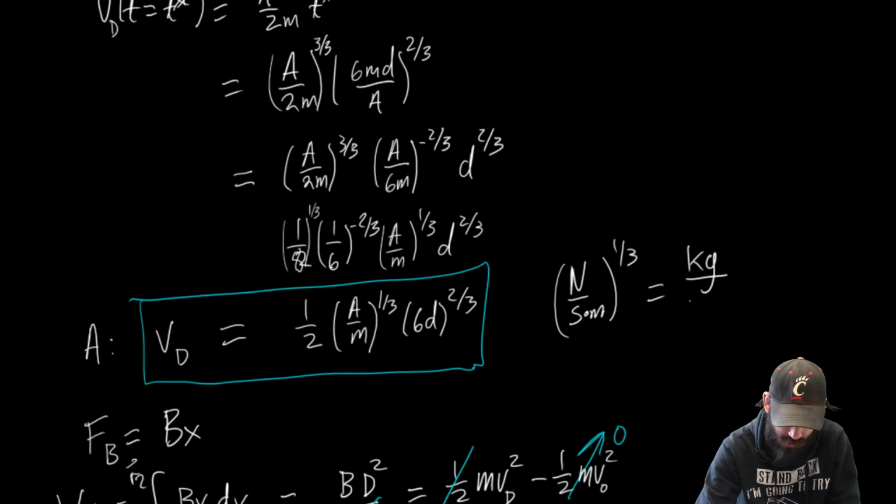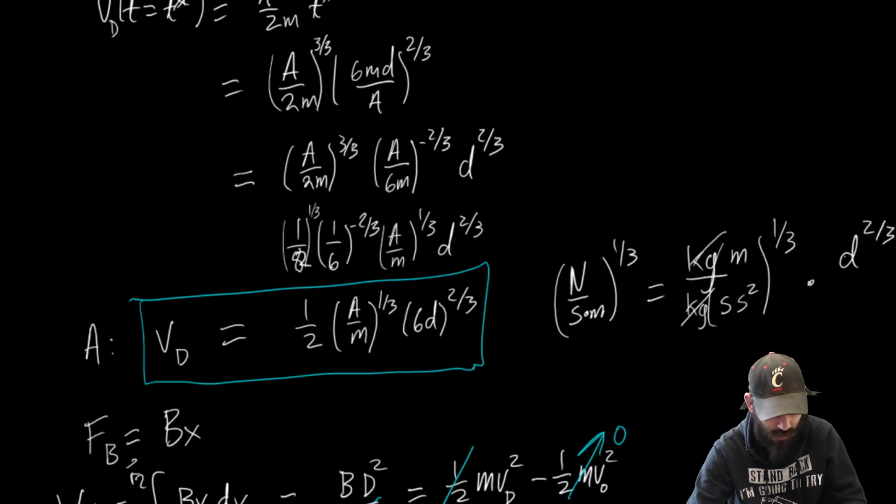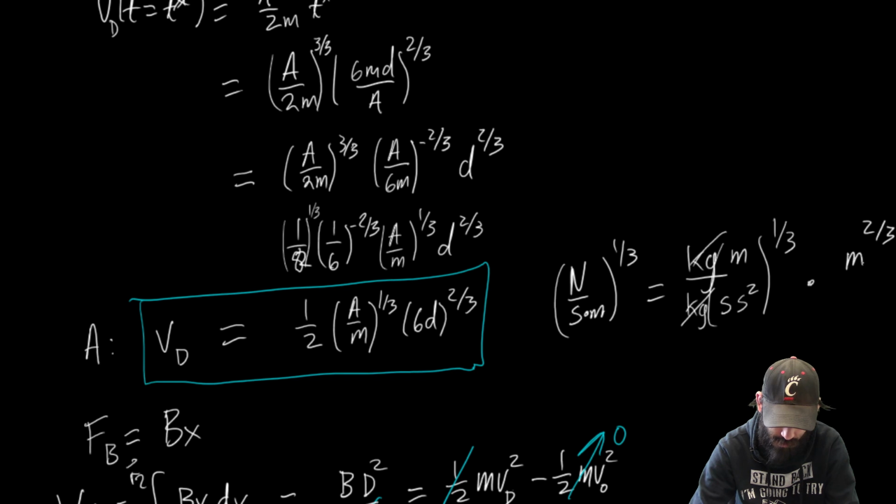So this is a kilogram per kilogram per second squared. We have a meter. So this is going to be a to the 1/3 times d to the 2/3, which is going to be meters to the 2/3.